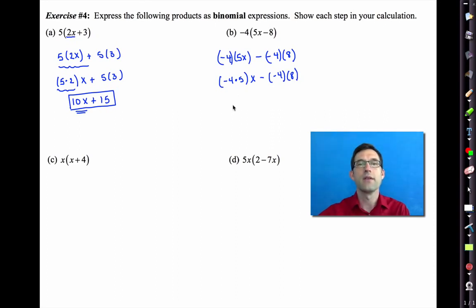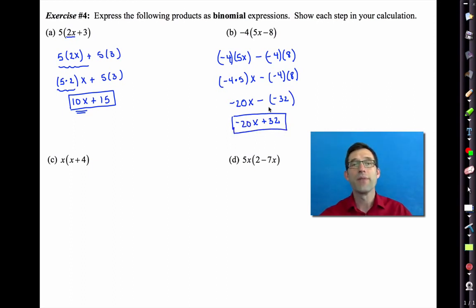All right, negative 4 times 5 is negative 20. Nothing I can do with the x. Here we're going to have negative 4 times negative 8, which is negative 32. And remember, when we subtract, we can replace with adding the opposite. So subtracting negative 32 is the same as adding positive 32. For a lot of people, they'll just see a double negative and immediately change it into a positive. That's okay too. Not a problem.